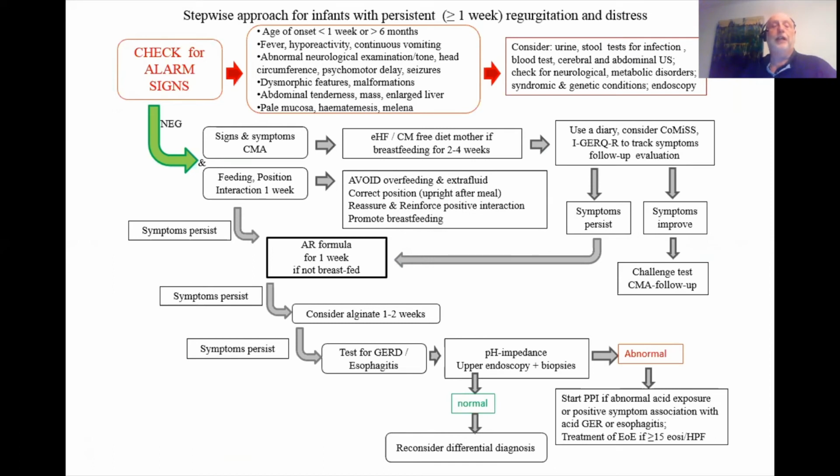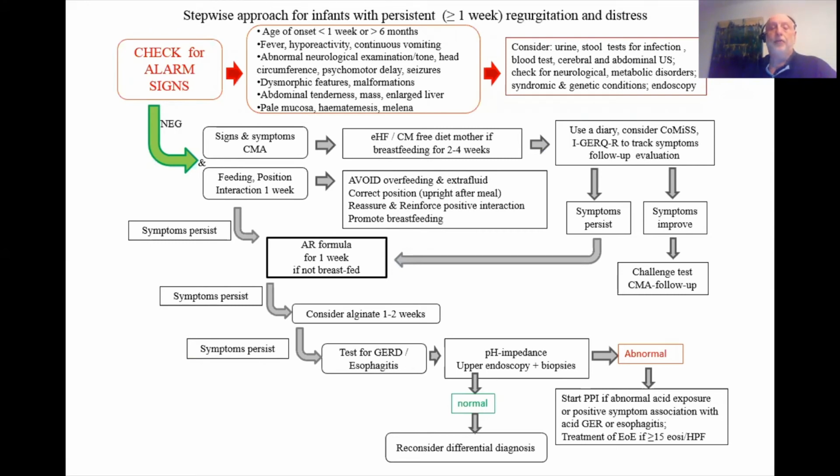Whenever you see a child that is presented by the parents because of severe reflux, regurgitation, and vomiting, look for alarm symptoms. If they are present, refer the child appropriately. The next step is to look for signs and symptoms of cow's milk allergy and look at the same time for feeding position and interaction with parents and the baby.